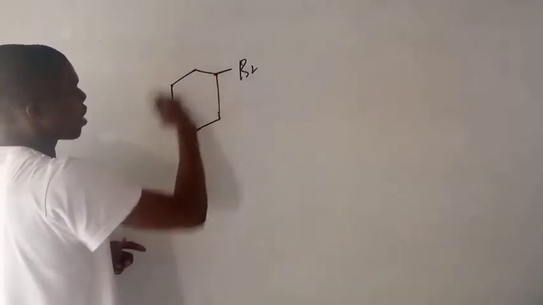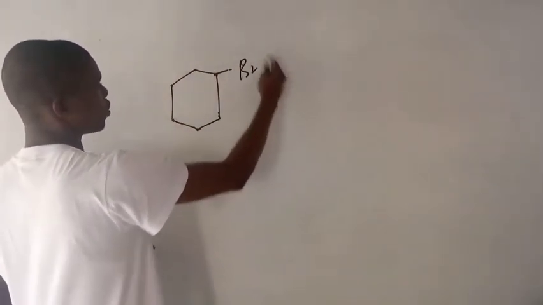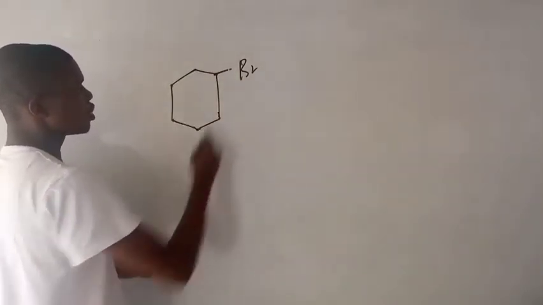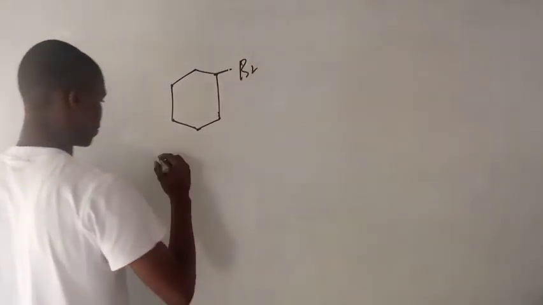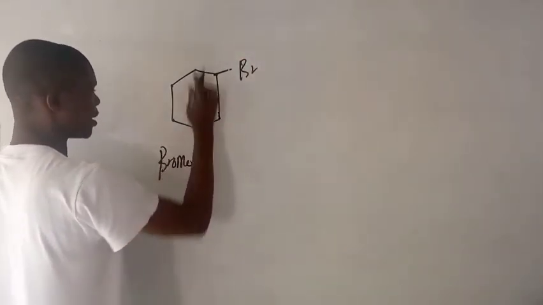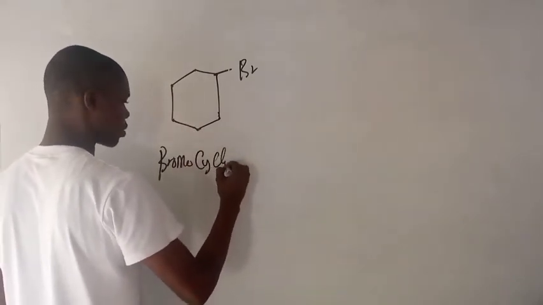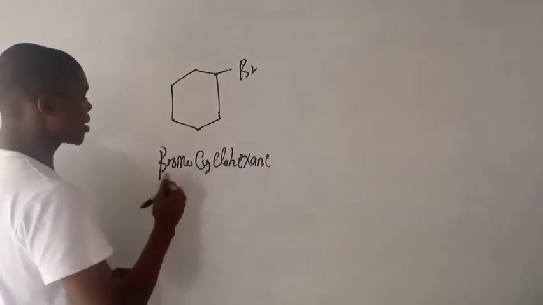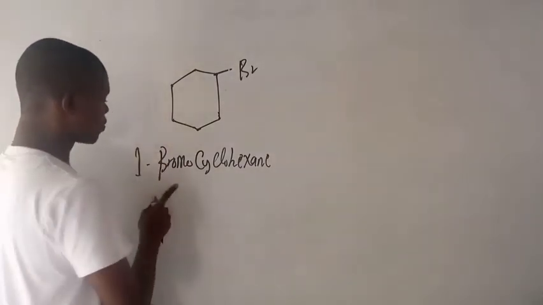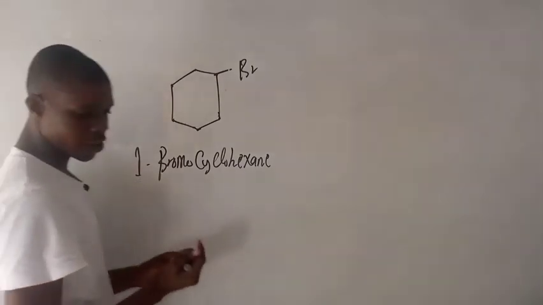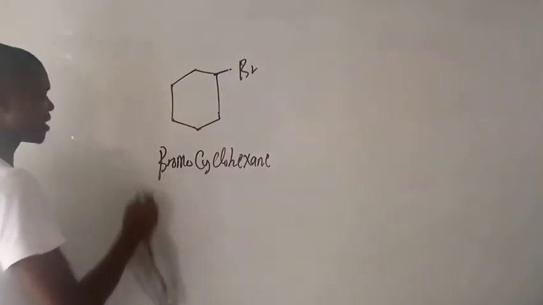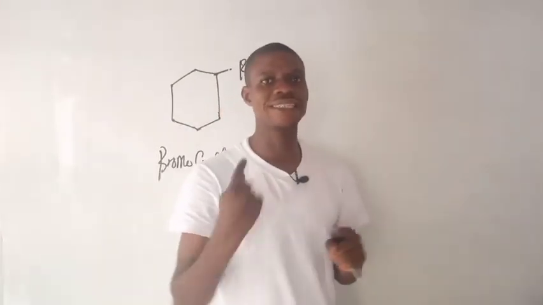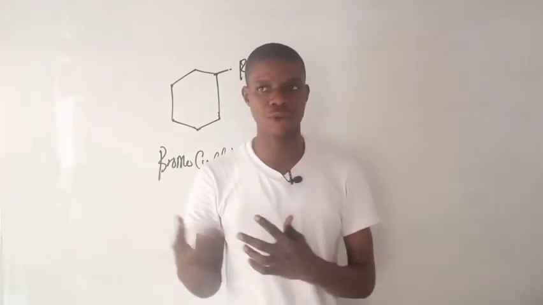Because any carbon can be my carbon 1, the name of this substituent is bromo, and the name of the cyclic compound is cyclohexane. So you just say bromocyclohexane. You don't put the position. In a cyclic compound, if one substituent is attached to the ring, there's no point in putting the number, because any carbon can be my carbon 1.